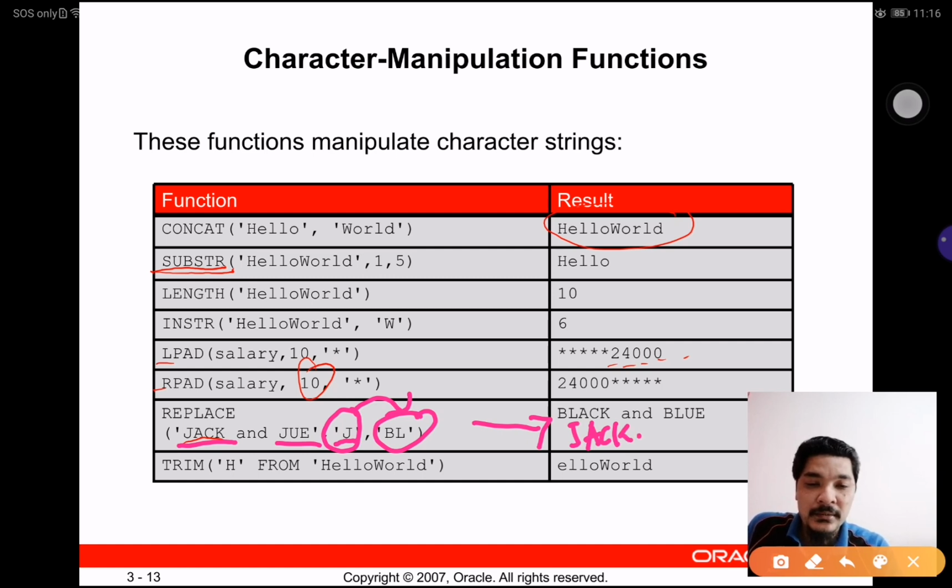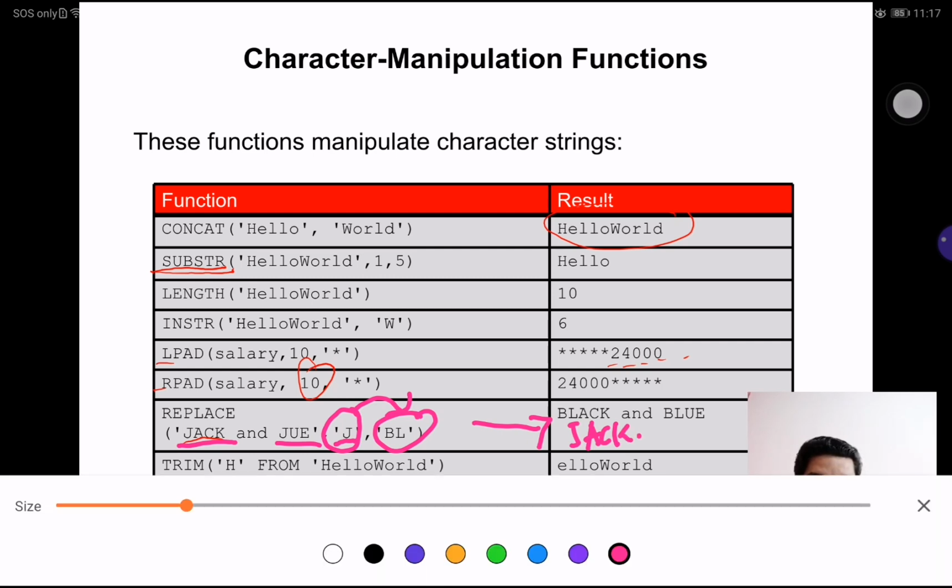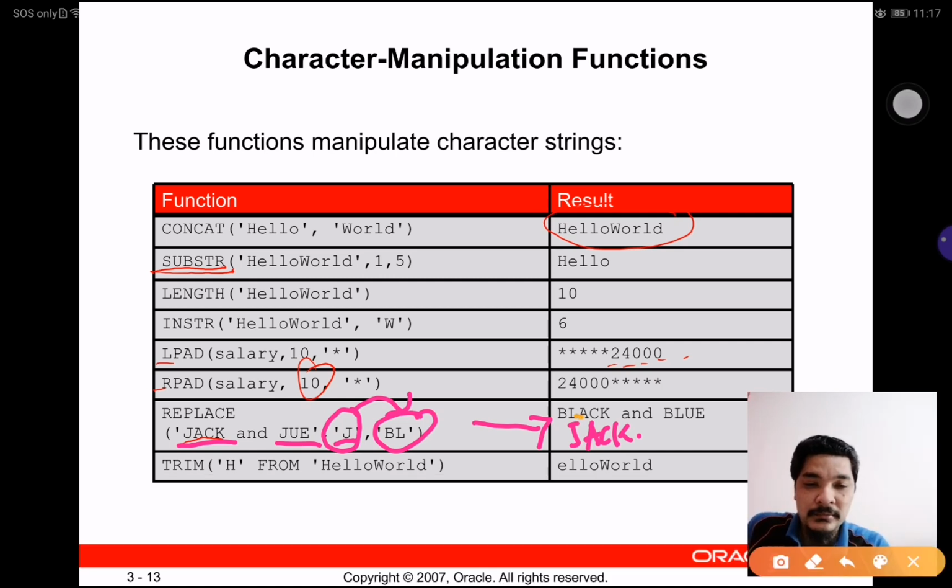What happened is J here will be replaced by the BL here. So the original one is Jack, and because of J here, J will be replaced by BL. So Jack will become Black, and Ju originally is Ju. Because J here will be replaced by BL, the final output is Blu.